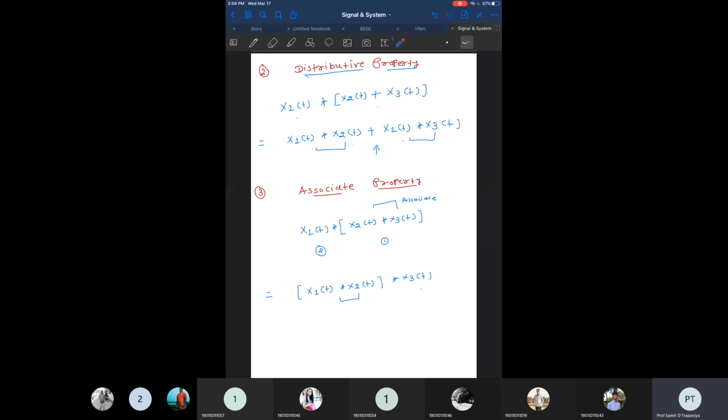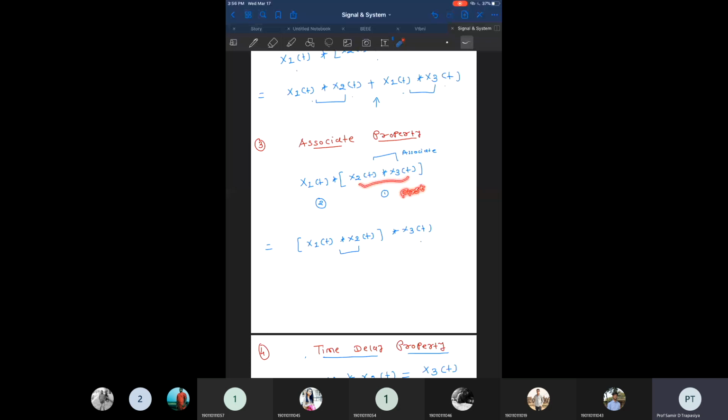We apply the convolution operation between these two signals x1 of t and x2 of t, and as a result of this convolution, we generate a new signal, x3 of t.